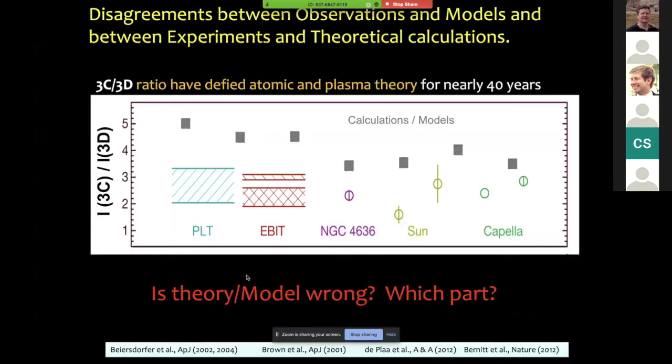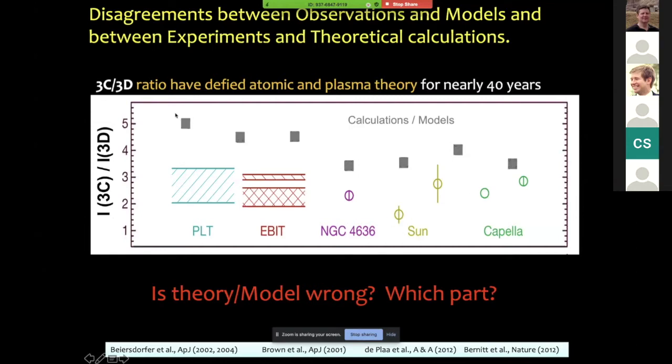However, for the last 40 years, we see some sort of disagreement between the observations and the model, and also between the experiments and different theoretical calculations. What you see here is the 3C/3D line intensity ratio. There are several experiments done at the Princeton tokamak, several experiments performed at the Lawrence Livermore electron beam ion trap, and a few observations from the Sun and Capella.